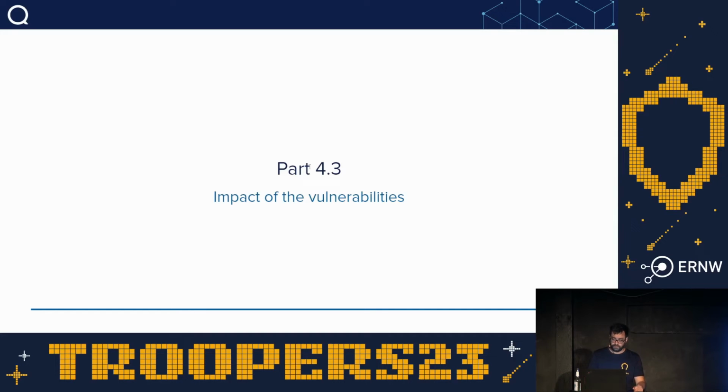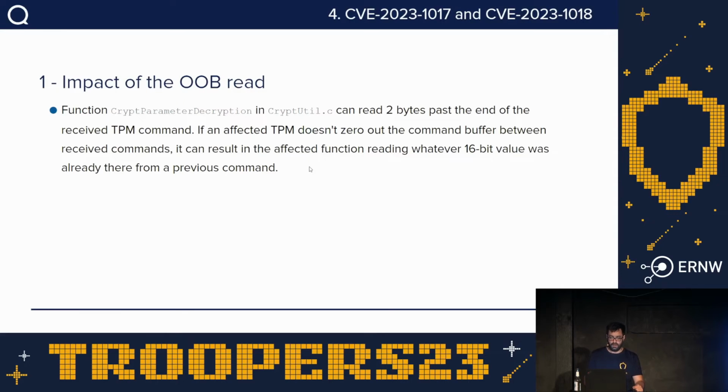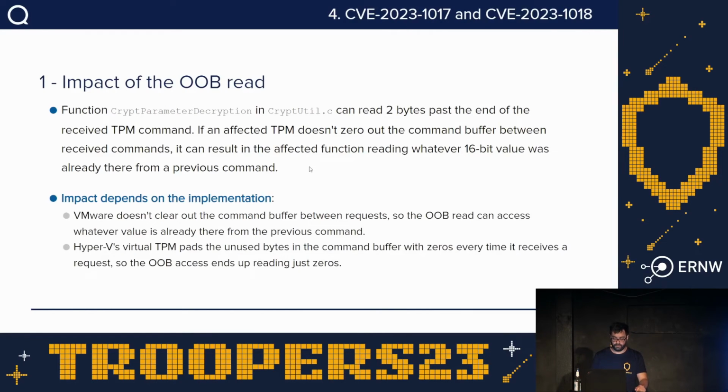So, what is the impact of the vulnerabilities? Well, regarding the first bug, that is the out-of-bounds read, the vulnerable function reads 2 bytes past the end of the received TPM command. So if a given TPM doesn't zero out the command buffer between different commands, it can read whatever 2 bytes were already there from a previous command.